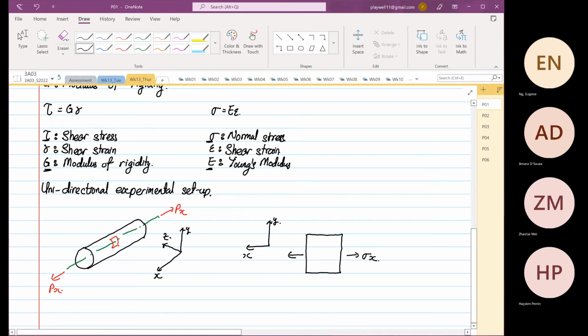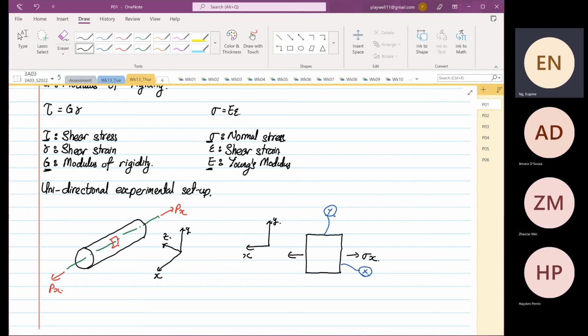If we call this x and y, we know stress z is equal to 0.